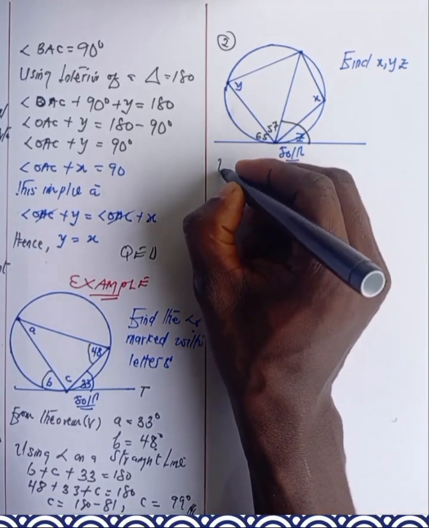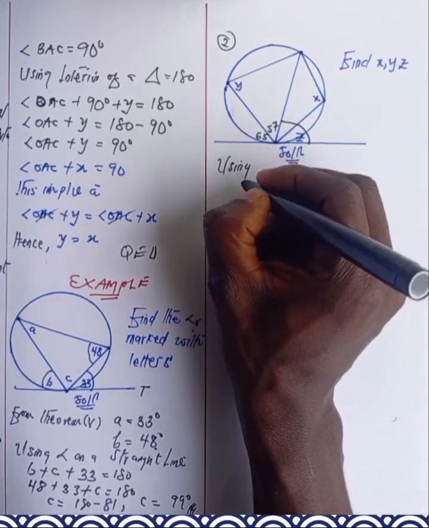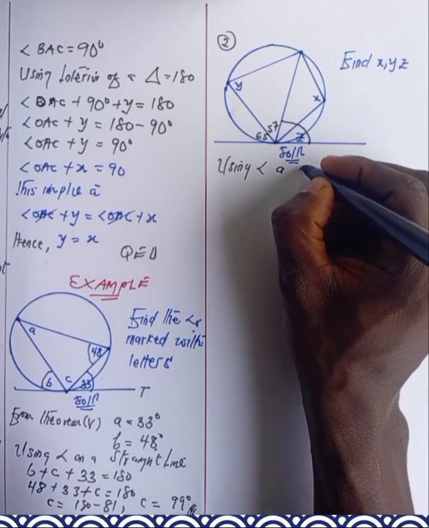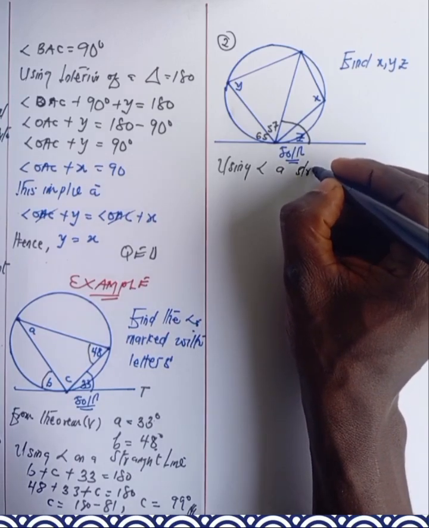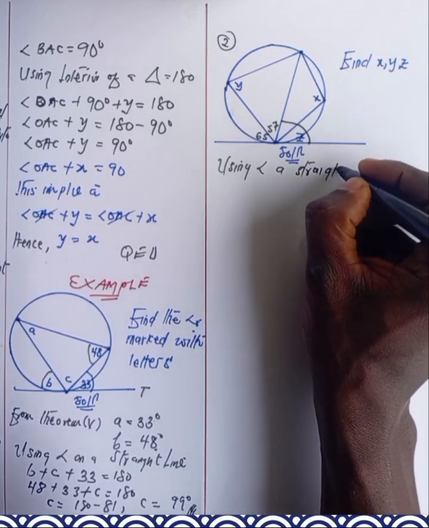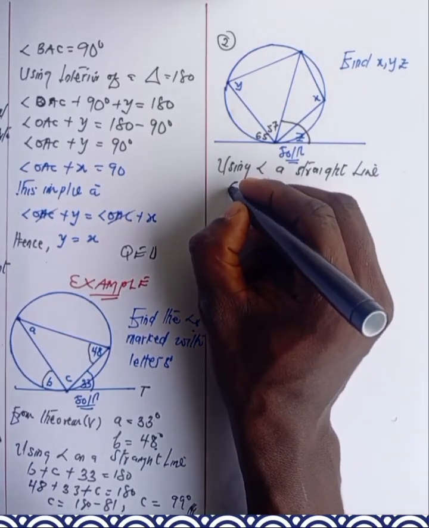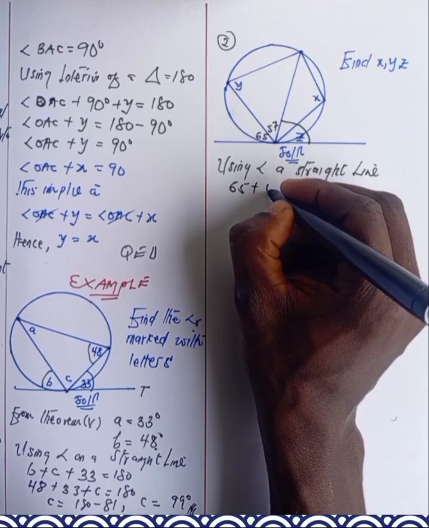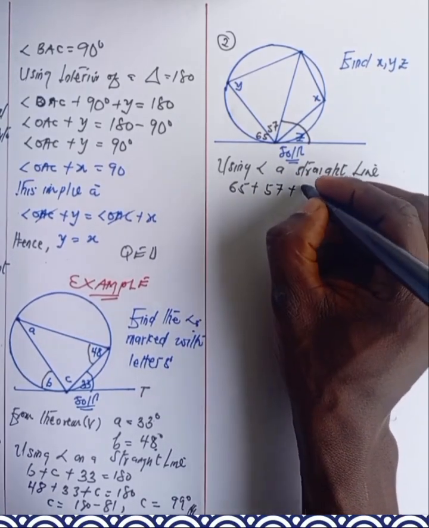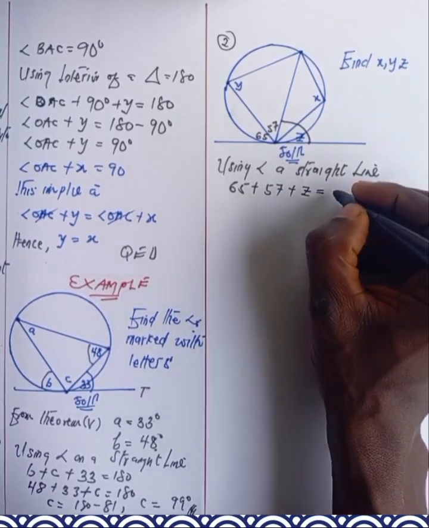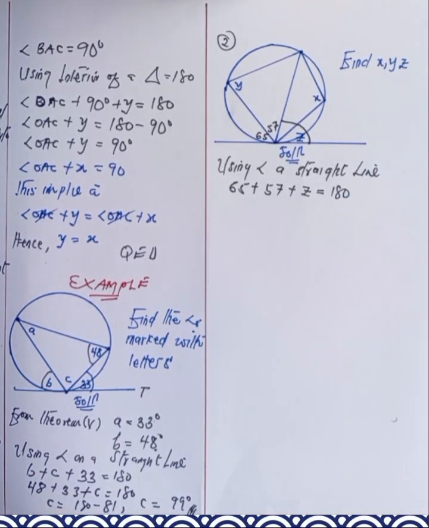In finding z, we can use angle on a straight line. So using angle on a straight line, we can say that 65 plus 57 plus angle z should give us 180.